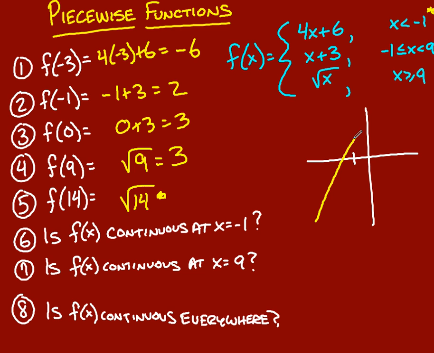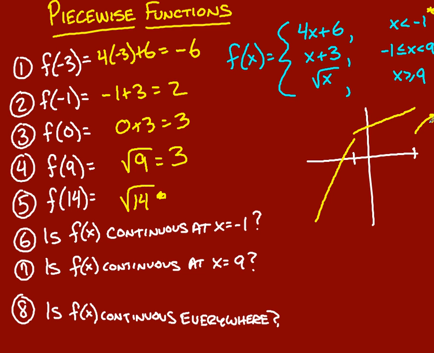From -1 to 9, I have another function going on, x plus 3. It maybe doesn't rise as quickly, but it goes until you get all the way up to 9. Then I have the square root of x starting at 9. The square root of 9 is 3, so we have something that maybe looks like this, and the graph of a square root looks like that. That is what our function looks like.